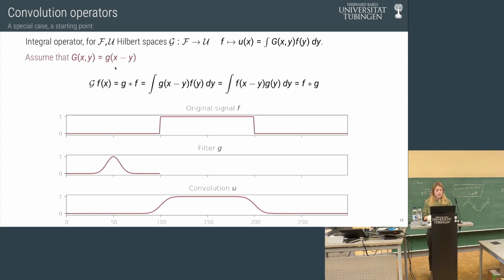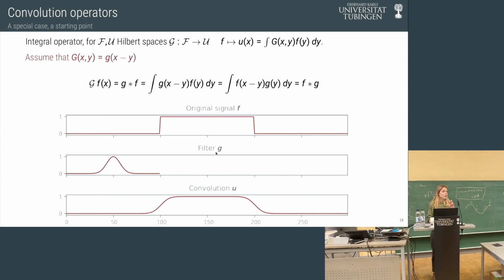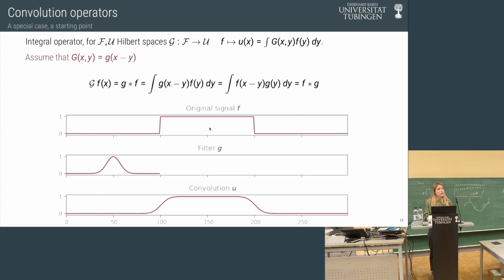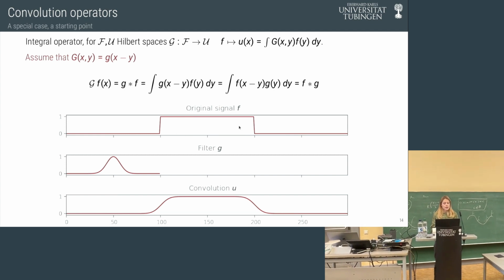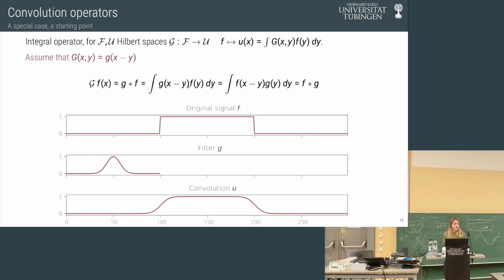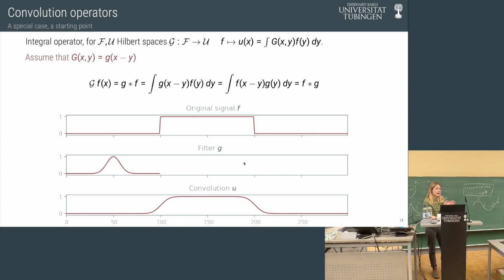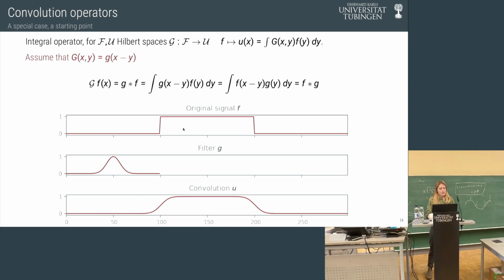So if you have two functions, one is the original function f and one is called the filter g, convolving the two functions is given by this formula here. How you can visualize this in your mind is you take the first function, then you flip the second function, because there is a minus here. Sadly, you cannot see that it has been flipped because it's a bell, but actually you flip it, and then you move it along this line, and at every point you take the product and you integrate.